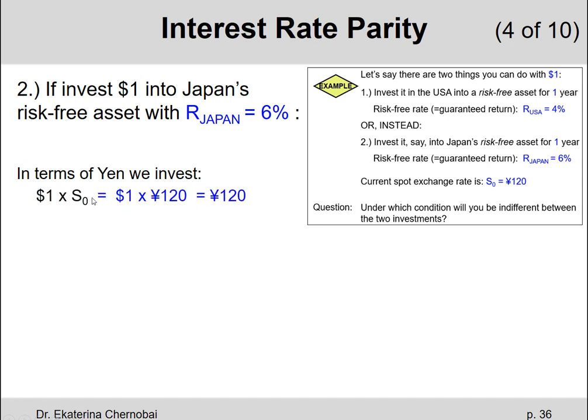If you have $1 to invest in yen, we need to first convert it into yen. What do we use for the conversion? Today's exchange rate, the spot exchange rate, which was given, right, 120 yen per $1. So $1 is multiplied by 120 yen per $1, which gives 120 yen. So really, you're investing 120 yen into the Japanese financial market.